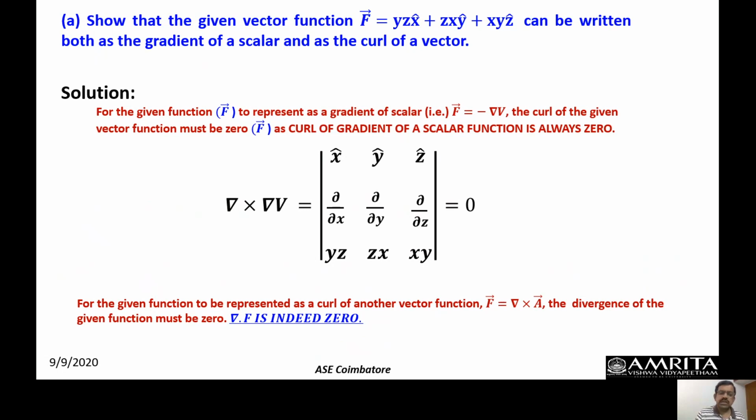So what is the take home message? The take home message is we identified the signatures for curlless fields. We identified the signatures for solenoidal fields. Very important is that if a given vector function is curlless, then the curl of that vector function must be proven to be 0.